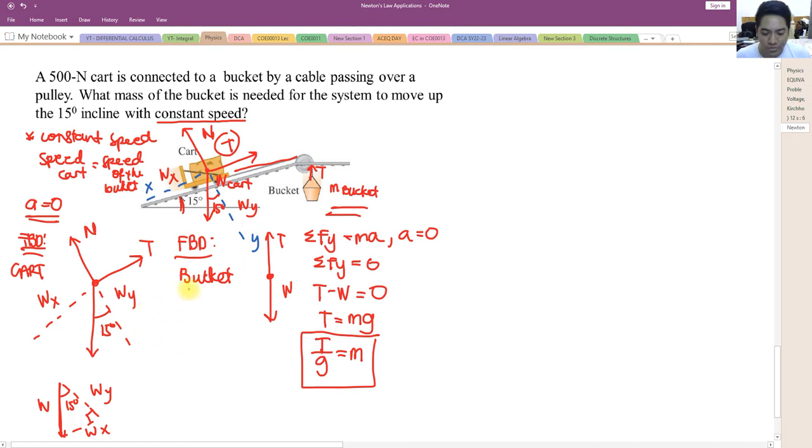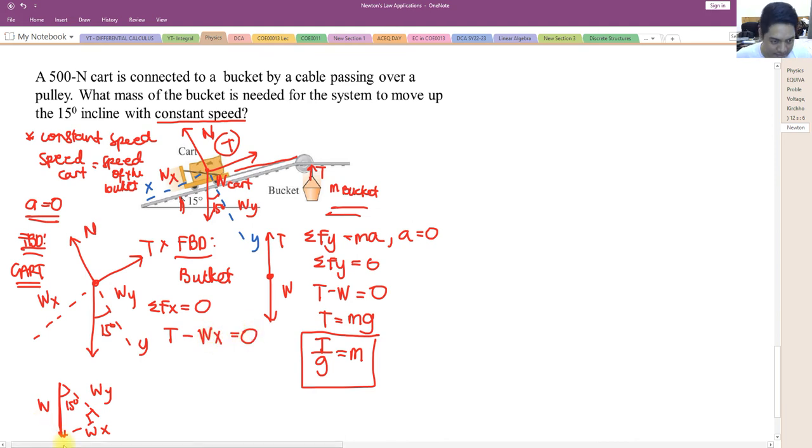If we do the summation of forces along x, the summation of forces along x should be 0 because ma, with constant speed, is 0 for the cart. This is the summation of forces for the cart. So for x, this is your y, this is your x component. To the right, we have the tension minus Wx equals 0.